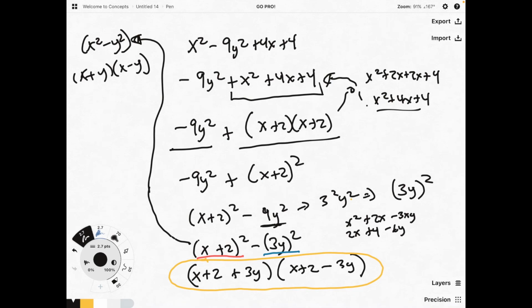And then we're going to get 3xy plus 6y, and then minus 9y squared. So we know that this negative 3xy and this positive 3xy cancel out. We know that the 6y and the negative 6y cancel out. We can also see that these two terms can combine together because they're the exact same. And so with all of that simplified, we're going to get our x squared plus 4x plus 4 minus 9y squared, which is exactly what we have here at the top.